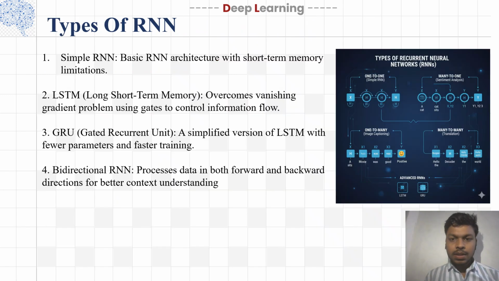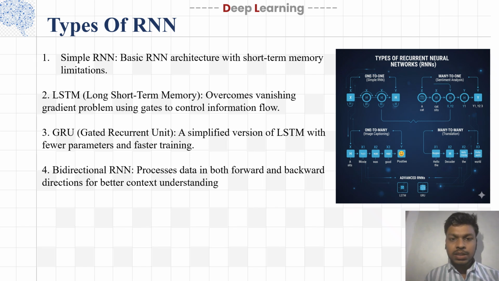Now let's see the main types of RNN. First we have the simple RNN. It is the basic form that can handle sequence data but keeps only short memory, so it forgets things that happened a long time ago. Second one is the LSTM, which means long short-term memory. It fixes the memory loss issue by using gates that decide what to keep and what to forget.